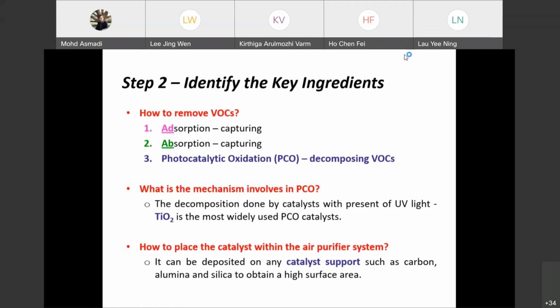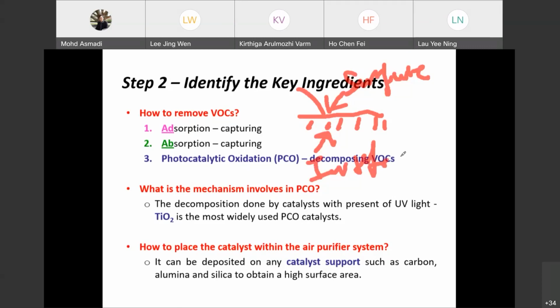If you have particles or VOC, it's just adsorbed on the surface, while this one is the surface and this one is the interface.